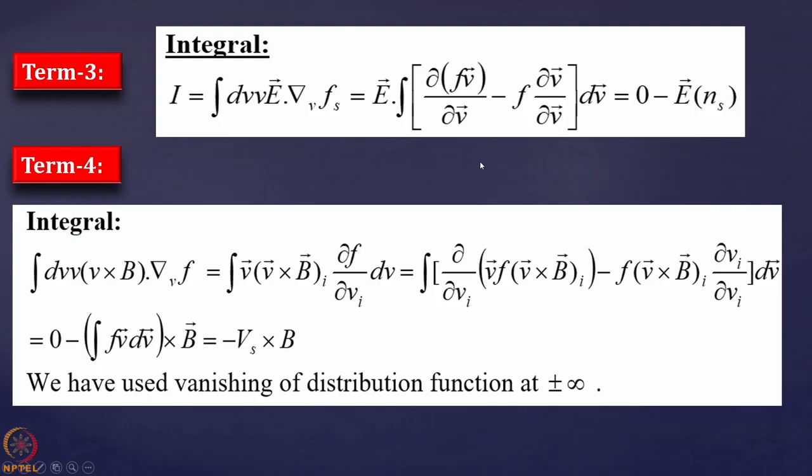So this first term becomes 0, and in the second term you are integrating f over all velocity space. That will give us nothing but the number density. So you are left with I equal to minus E ns. So we are able to handle this expression in a very smart way.